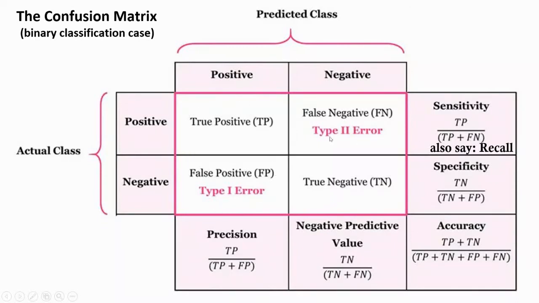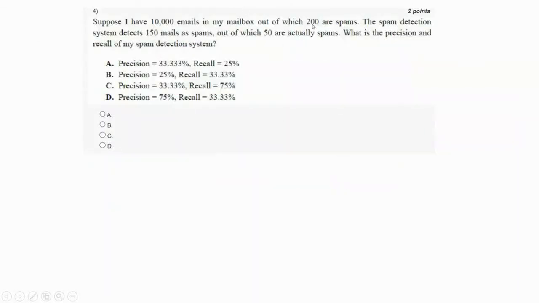So for recall, you have the denominator as the actual summation, which is true positive plus false negative. The actual summation is given as 200 in the question. The actual number of spams is 200, out of which it has detected 50 correctly. The remaining 150 it did not detect as spams.